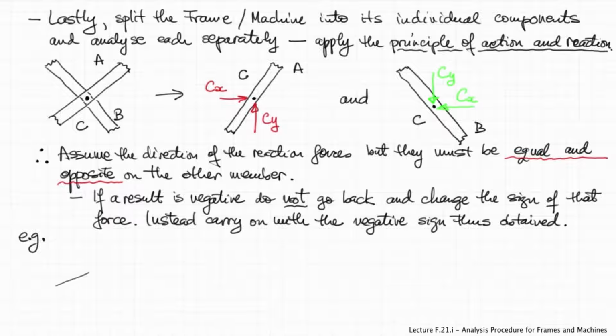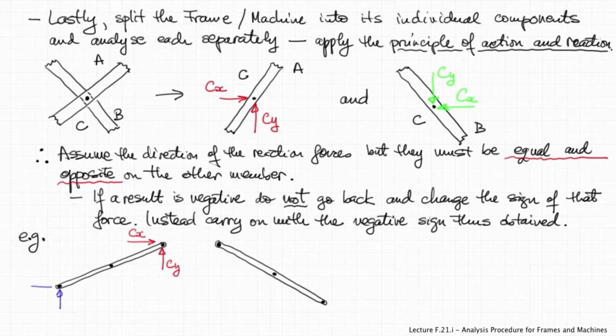And let's look at a fictitious example just for the sake of understanding this principle. Assuming that these two members were connected at C and now are split, and on the left hand free body diagram we have the reactions in red Cx and Cy, like so, and of course some other forces acting along the member.